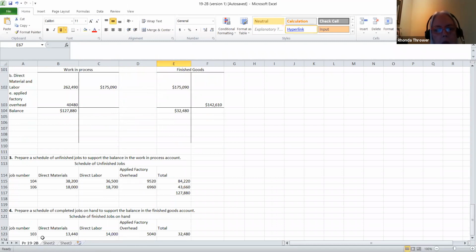So job number 103 was what we did not ship, but we had finished it. The materials and the labor and the applied factory overhead all added together are 32,480. This will reconcile with your finished goods inventory. And that's all there is to this particular problem.